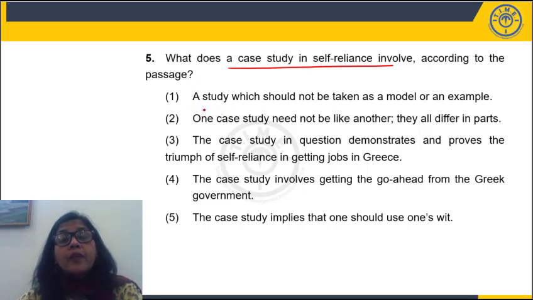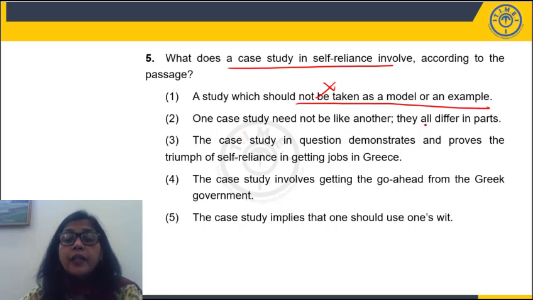Now see, the first option says a study which should not be taken as a model. Ruled out. Contradiction. One case study need not be like another. They all differ in parts. So this is Hussaini and her family and whatever they had to go through, yes, being taken as an example, right?